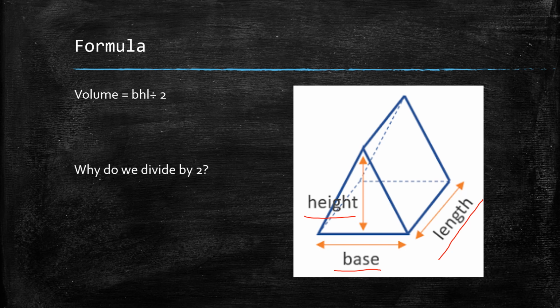So the question that comes up is, why are we dividing by 2? And it goes back to what the whole shape is. If you look very closely here, you have a triangle here. So if you think back to the area of a triangle, it was the base times the height, but you had to divide by 2.